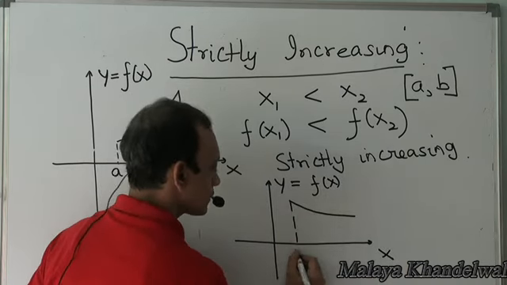If f of x1 is greater than f of x2, then the function is said to be strictly decreasing in the interval a to b. This is what is meant by strictly increasing and strictly decreasing in a certain interval.